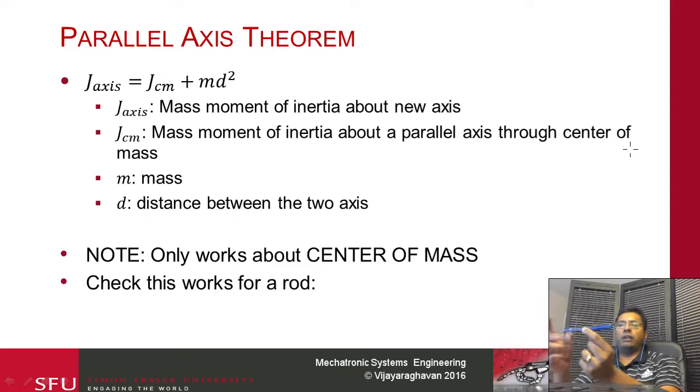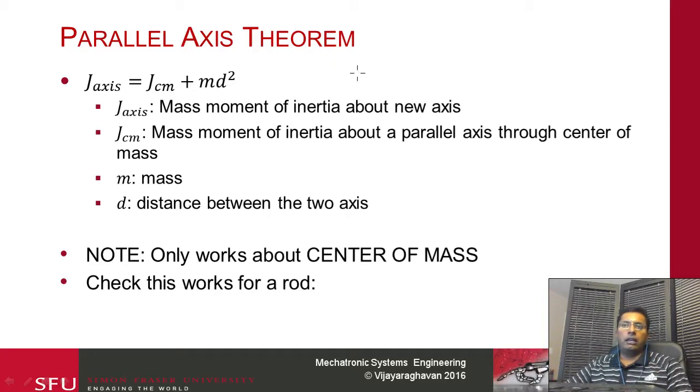So if I have this pen over here, I want to find the mass moment of inertia about this axis. What I do is, if I know the mass moment of inertia about this axis, which is passing through the center, and I know the distance between these two, I can calculate the new mass moment of inertia as the old mass moment of inertia plus M d squared, where d is the distance between the two axes.